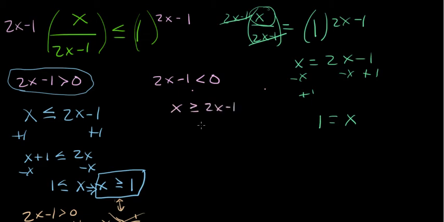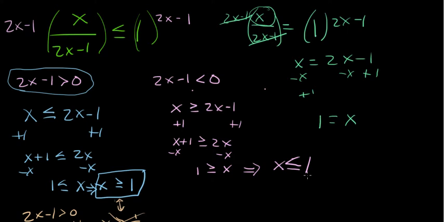And so that means add 1, x plus 1 greater than or equal to 2x, subtract x, 1 greater than or equal to x, or turning that around like I did on the other one, I've got x less than or equal to 1. So, what about this other constraint that I have? It is 2x minus 1 is less than 0.